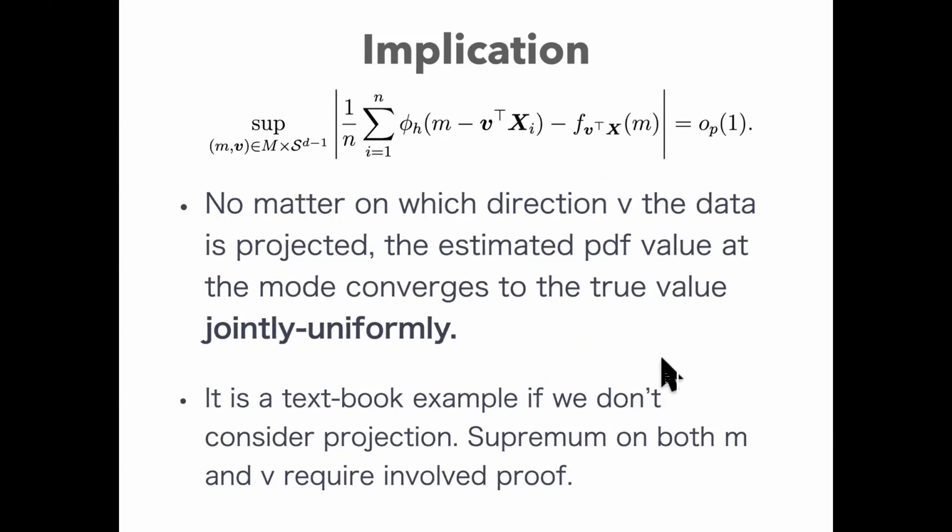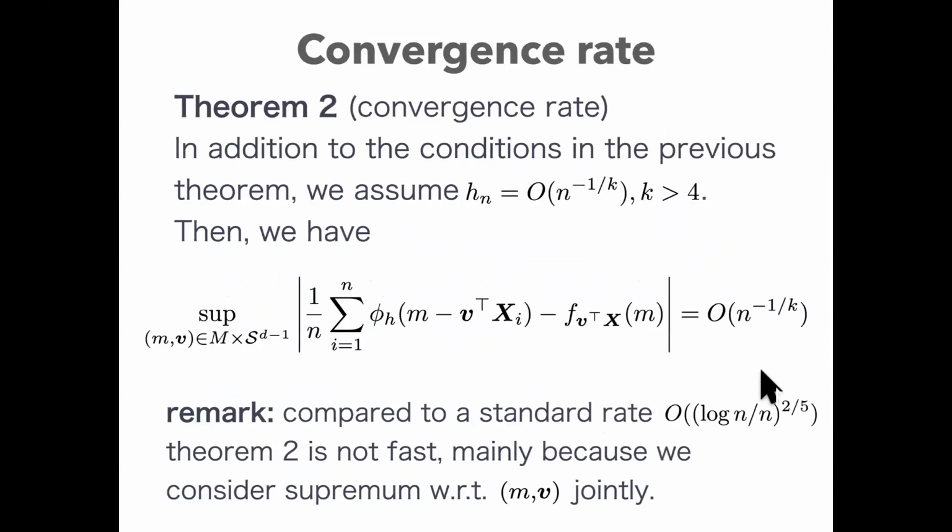Okay. And we also have a theorem on the convergence rate. In addition to the standard regularity conditions in the previous theorem, we assume the rate of decrease of the bandwidth of the kernel function. Then the rate of the uniform convergence is of order n to the minus 1 over k, which is the same order as the decrease of the bandwidth parameter.